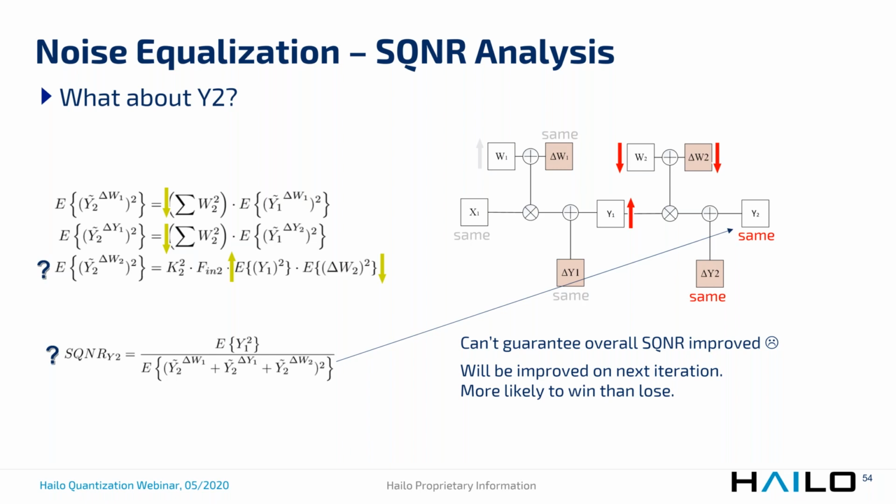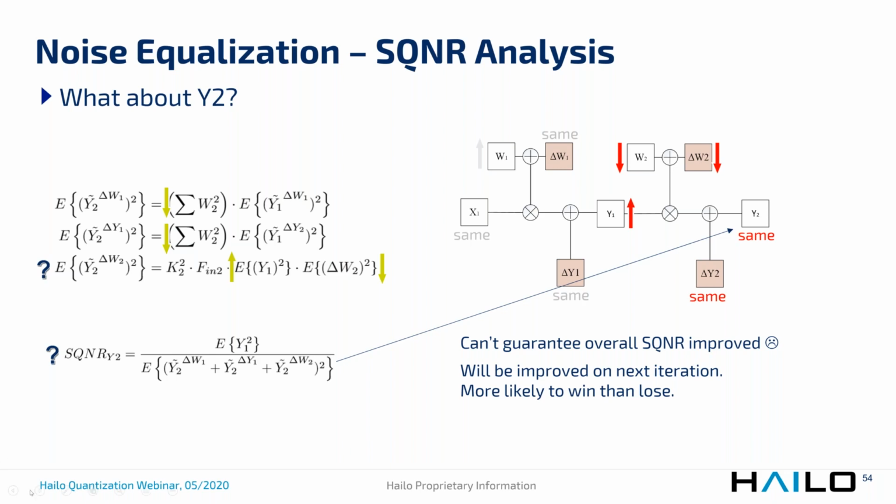The way that the noise from the weights affects the performance of the network is that the weights multiply the input. And now we've increased the energy of the input, and we've decreased the energy of the noise of the weights, and we're multiplying these two factors, and we're not guaranteed that overall the amount of noise decreased.